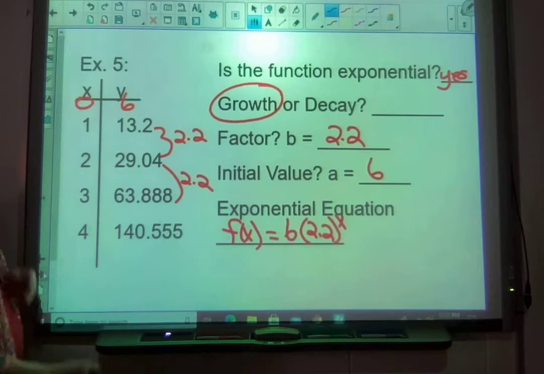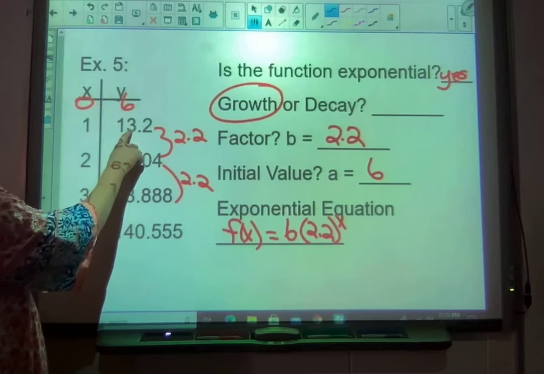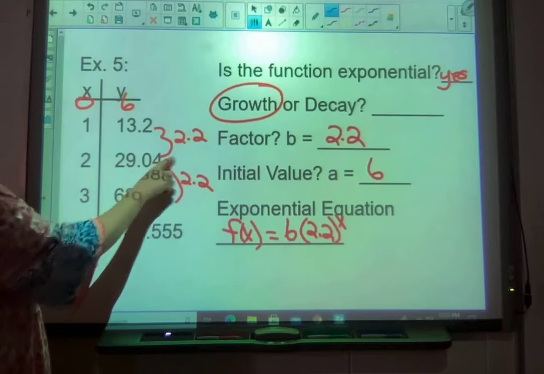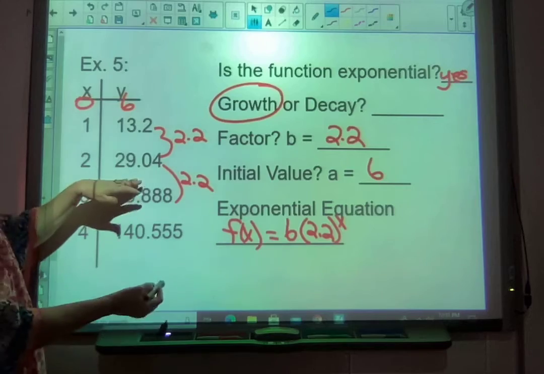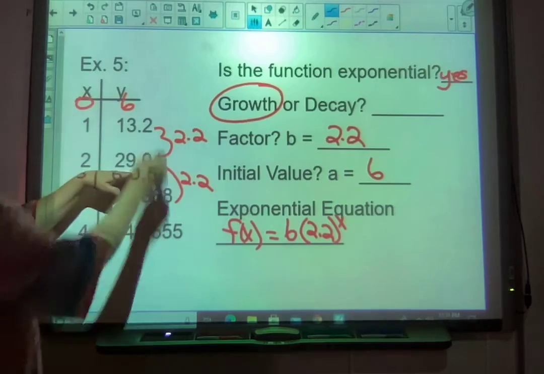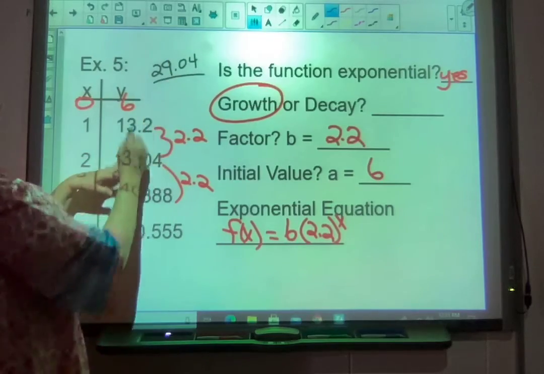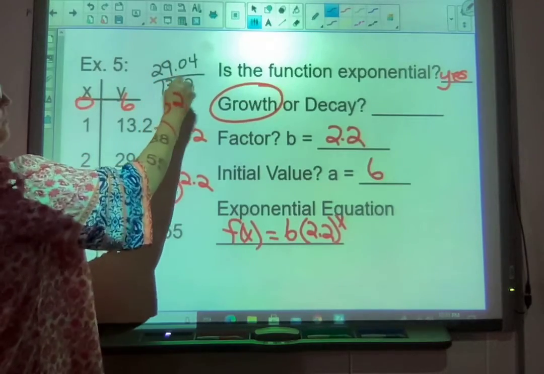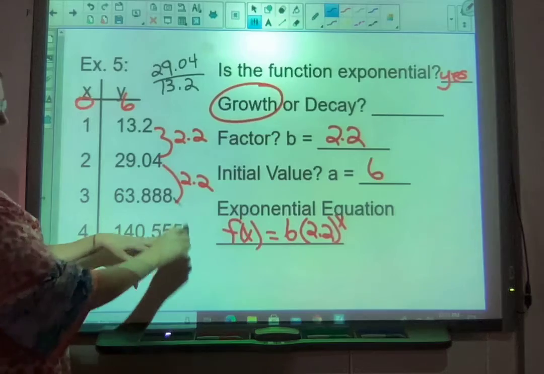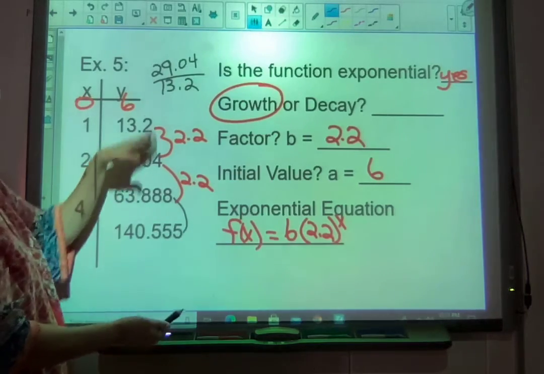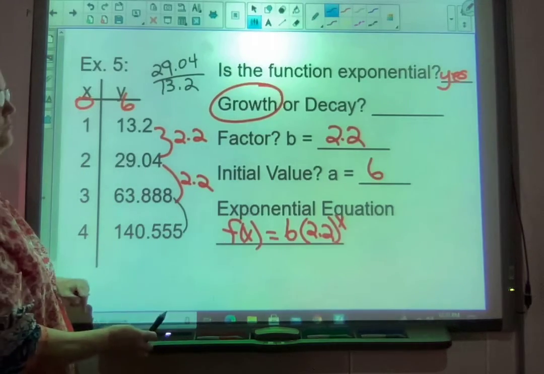Same thing on this one. I need my 0 value. I am multiplying by 2.2. How do you find it? Look, I couldn't do this in my head. You would do 29.04 and divide it by the term above it. You would want to make sure they all have the same thing. You would want to do a few to be sure that this is indeed an exponential function.